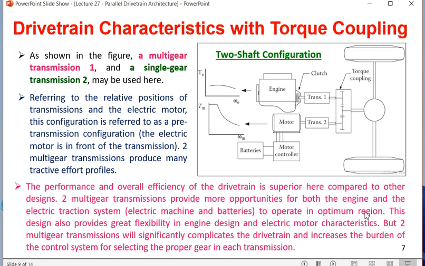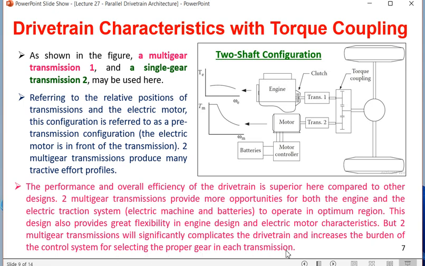Optimal region means maximum efficiency. So efficiency maximization is another very important task in case of any kind of drivetrain. This design also provides great flexibility in engine design and electric motor characteristics, but there is a very big but. Two multi-gear transmissions will significantly complicate the drivetrain and increase the burden of the control system for selecting the proper gear in each transmission.